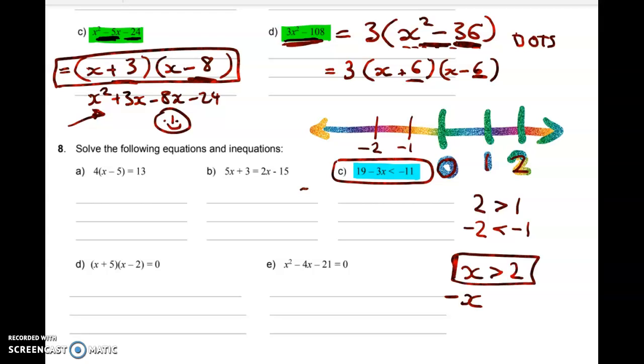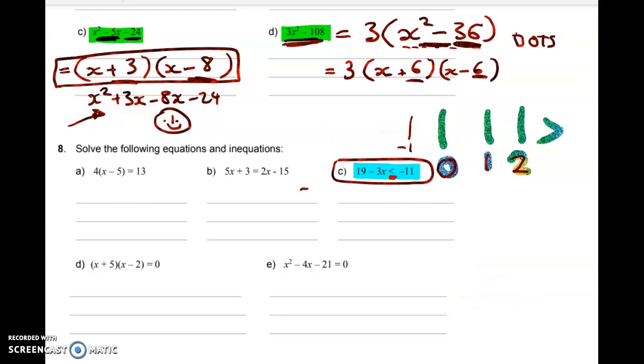So the number is bigger than 2, means the negative of that number has to be smaller than -2. And that's how we get our rule about switching over the sign when we're timesing or dividing by a negative number. And that's the only time we have to really think hard about these inequations.